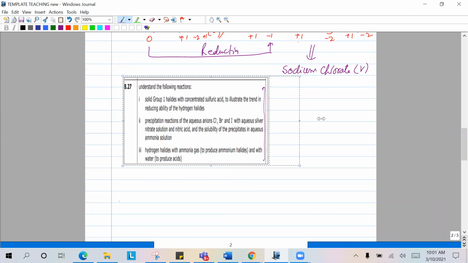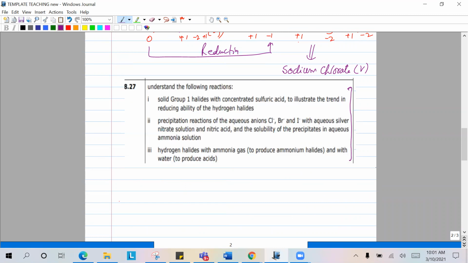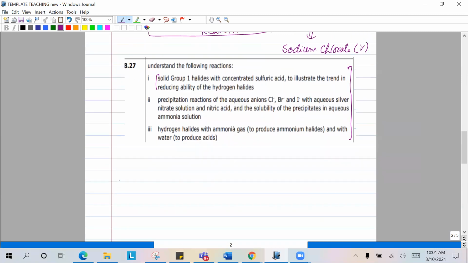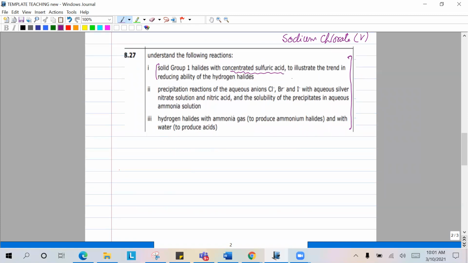So here we need to focus on right now this part, where they said solid group 1 halides with concentrated sulfuric acid. So this is the first time you are studying reaction of concentrated acids, and this is something very, very important.